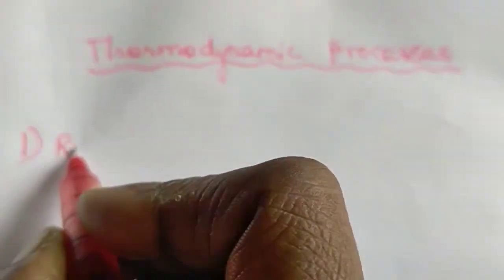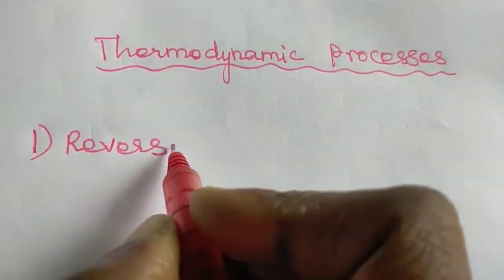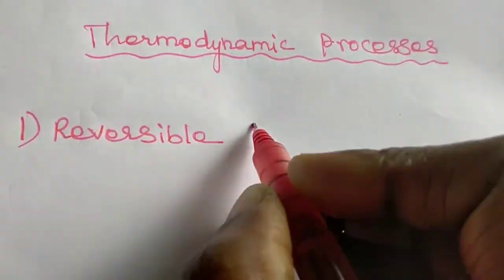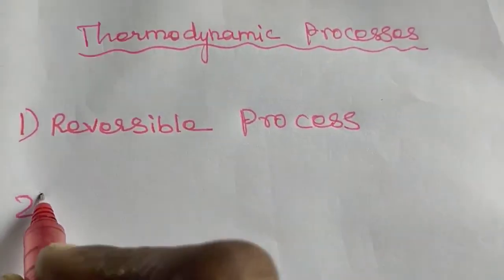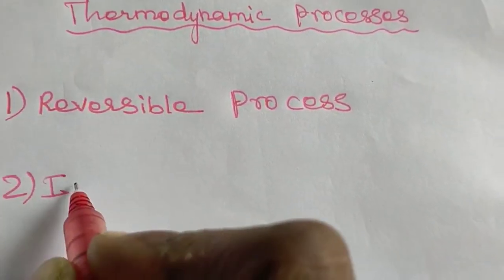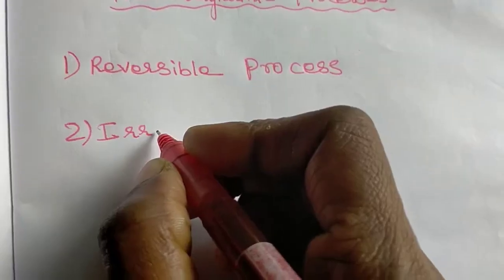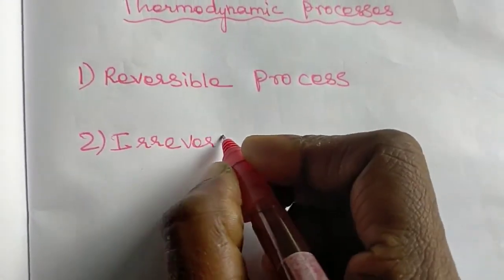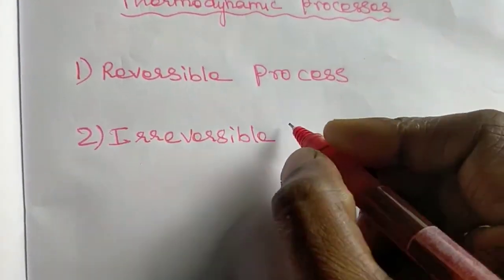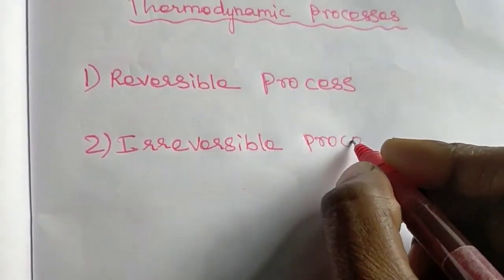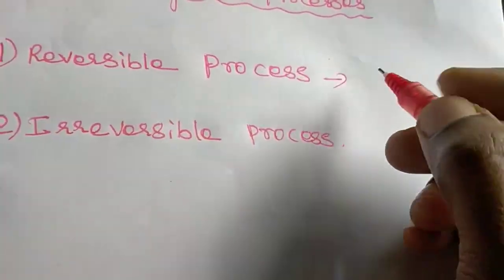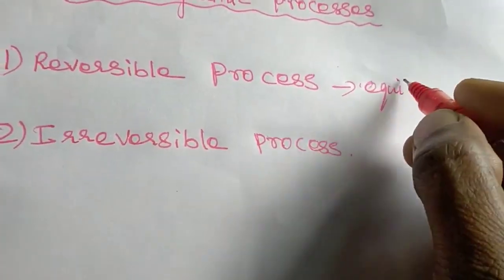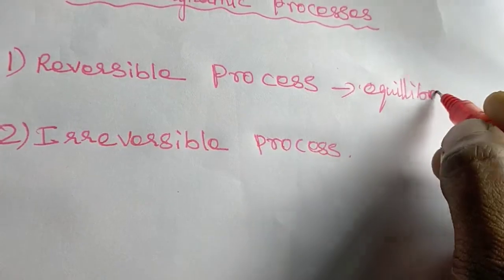So first one, reversible process. Second, this is in equilibrium state.